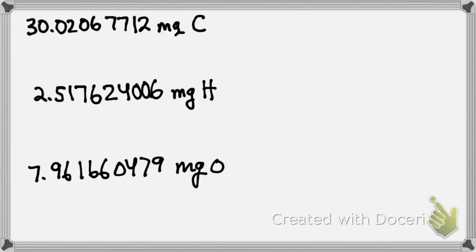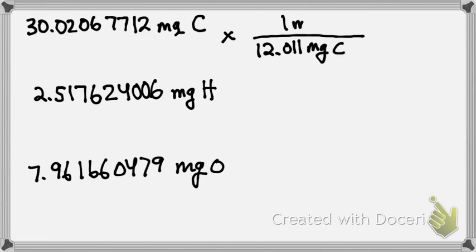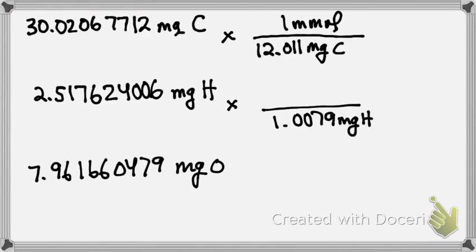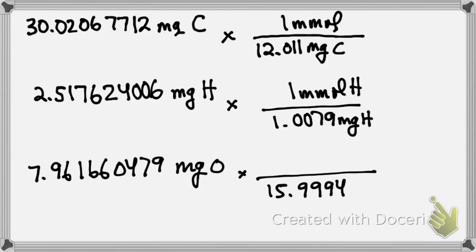All right, so now what I want to do is I want to convert milligrams of carbon to millimoles. I know there are 12.011 milligrams of carbon and 1 millimole of carbon. For hydrogen, there's 1.0079 milligrams of hydrogen and 1 millimole of hydrogen. And for oxygen, there's 15.9994 milligrams of oxygen and 1 millimole of oxygen.